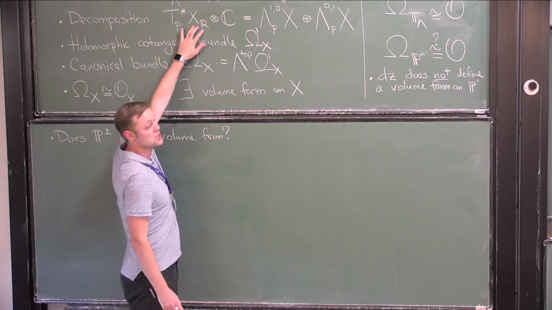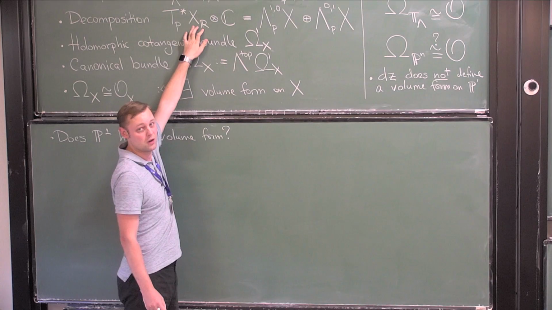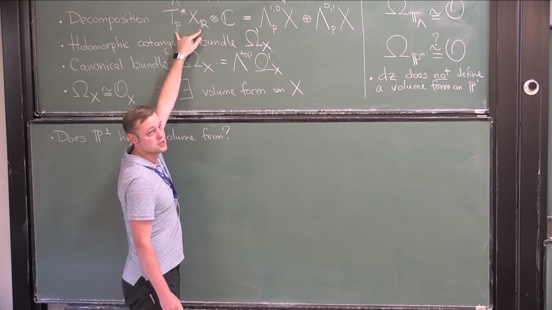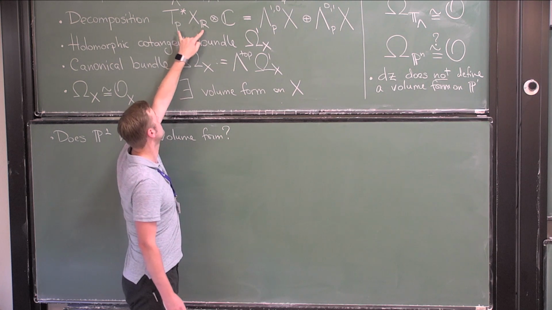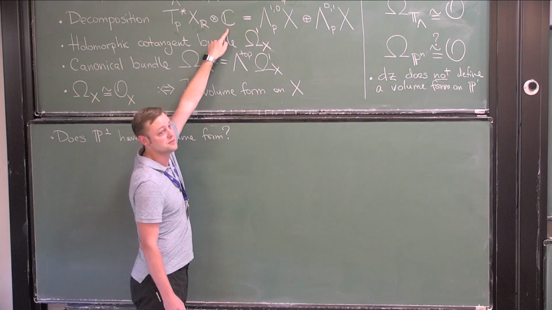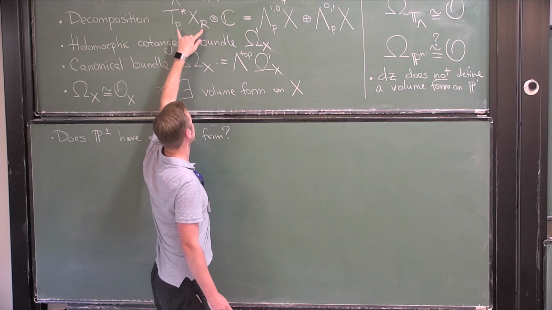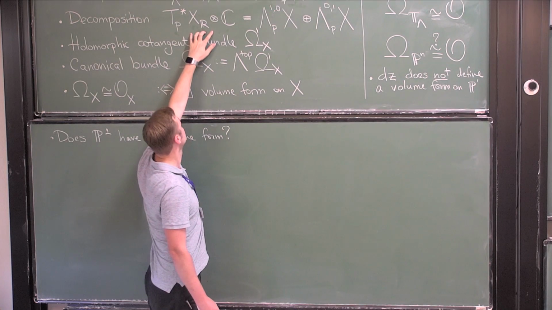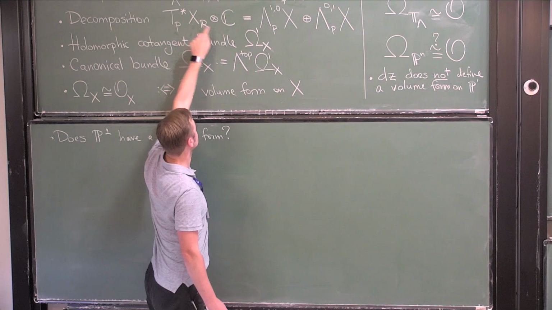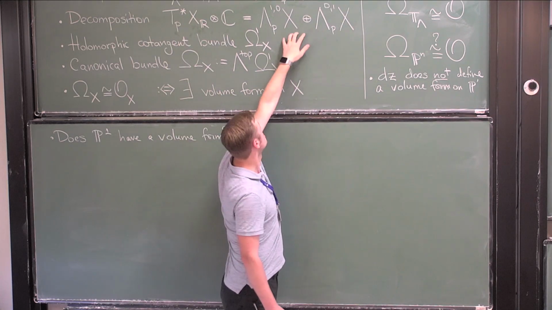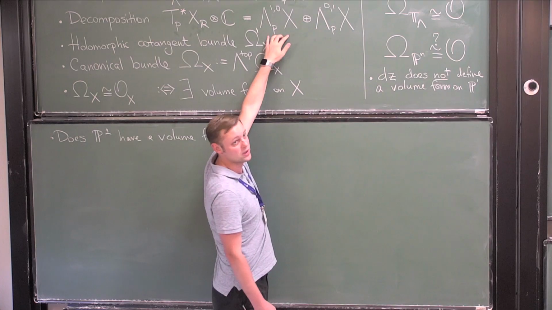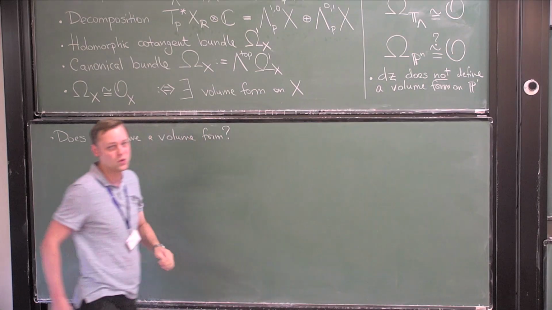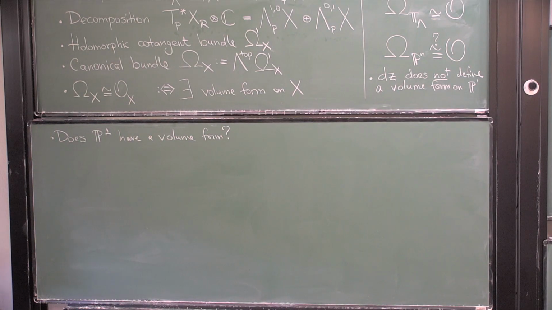Remember, this was the notation for the underlying real manifold of my complex manifold X. That is the usual cotangent space at the point P of this real manifold, and then I complexify it, and that complexification, which is now a complex vector space of complex dimension 2n, where n is the complex dimension of X, has this very natural decomposition into what I call purely holomorphic covectors and purely anti-holomorphic covectors. It's a slight abuse of terminology, but anyway, that's a useful way to think about it.